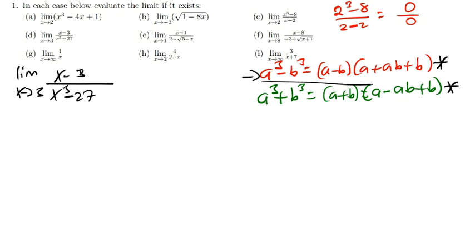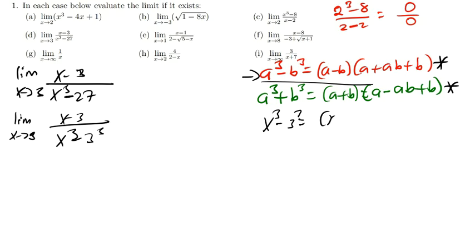We can write that as x to the power 3 minus 3 raised to the power 3, which is going to be x minus 3 times x squared plus 3x plus 9, following the formula because there is a minus.